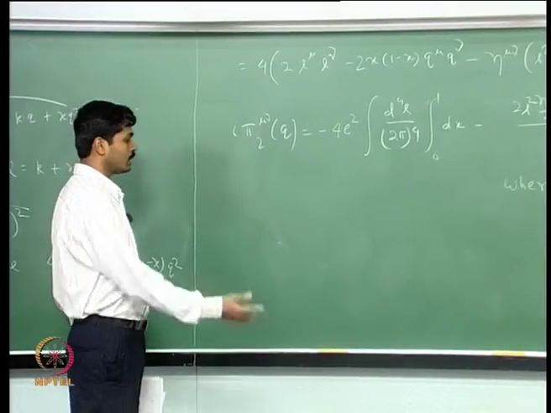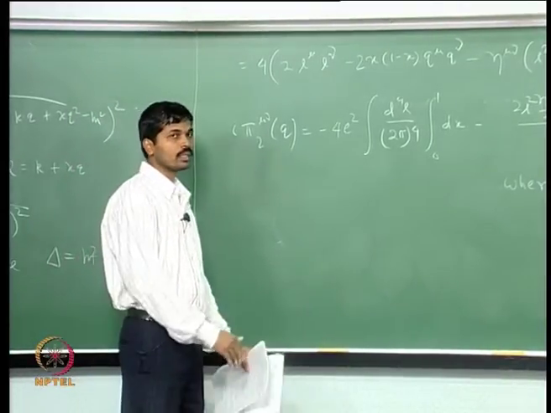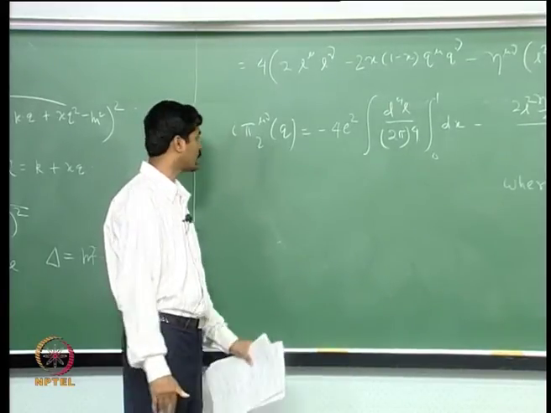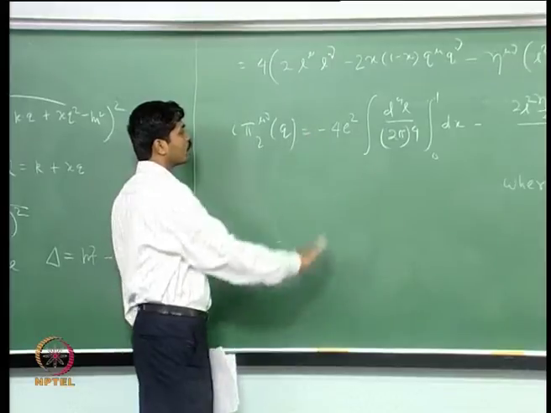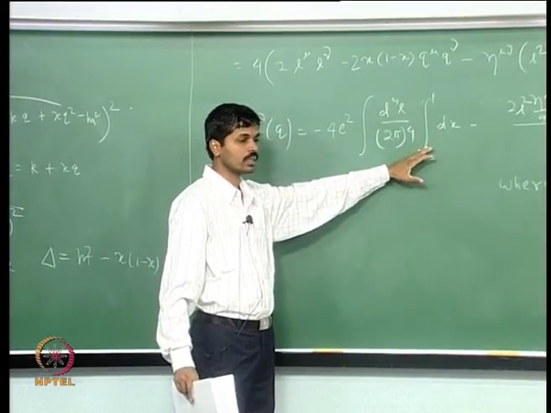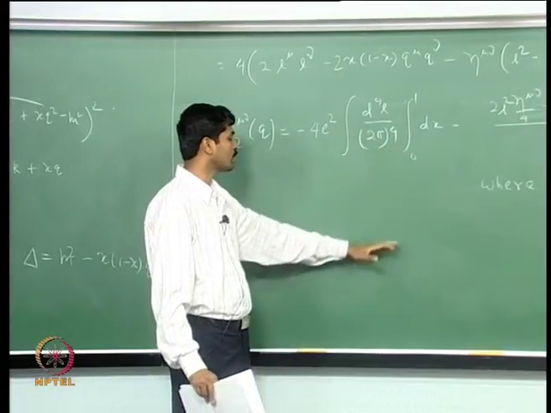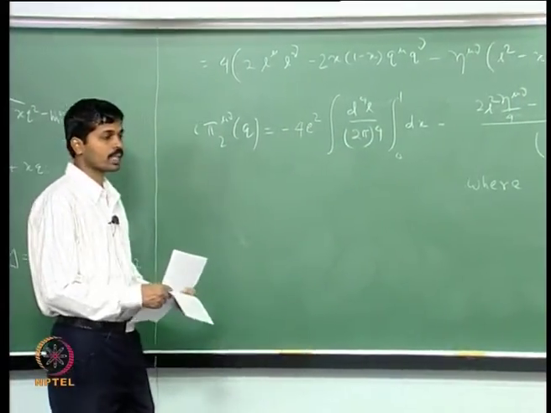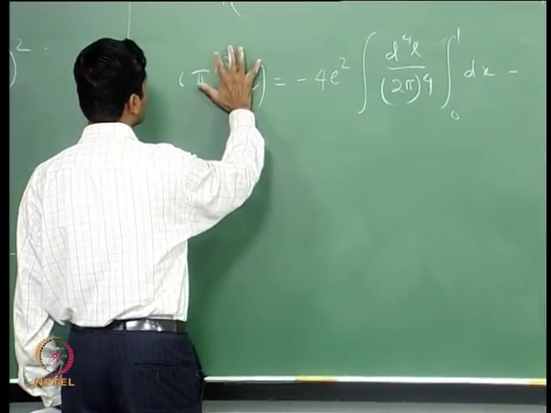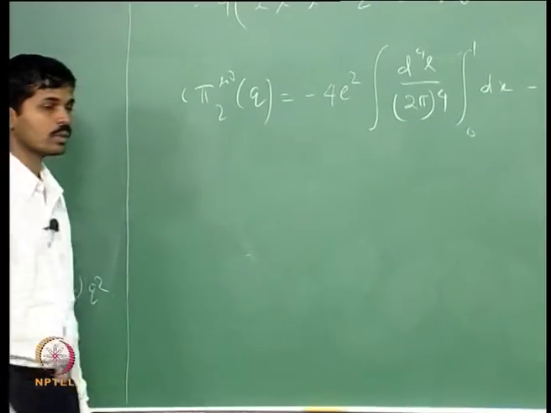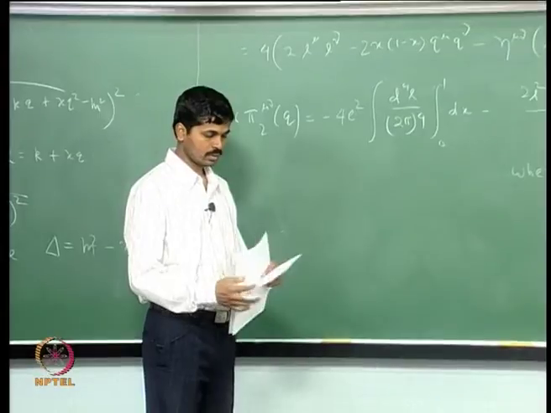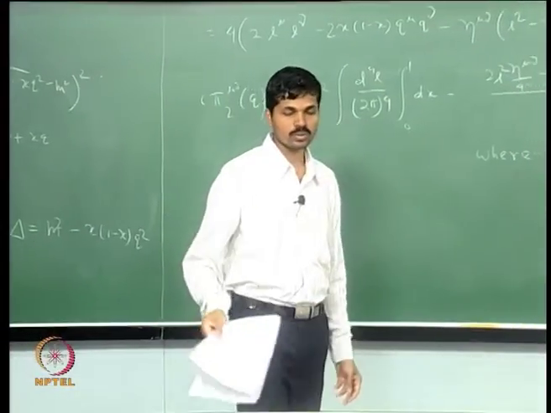So, in the next lecture, we will introduce another regularization, which is known as the dimensional regularization, and then we will evaluate this integration by using dimensional regularization, and then we will see that the dimensional regularization in fact preserves Ward identity. Finally, using the dimensional regularization, we will evaluate the one loop contribution to the photon propagator. This is all we are going to do in the next lecture.